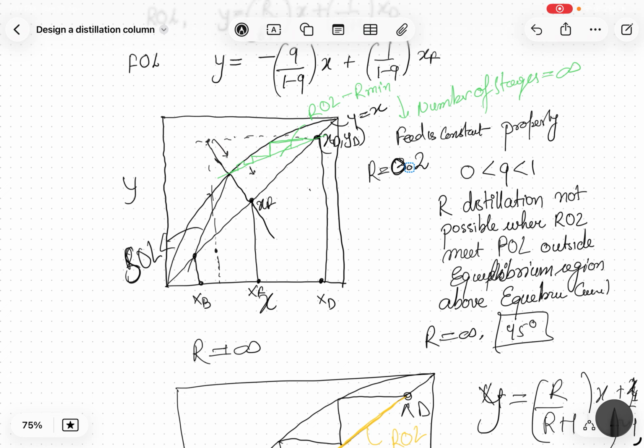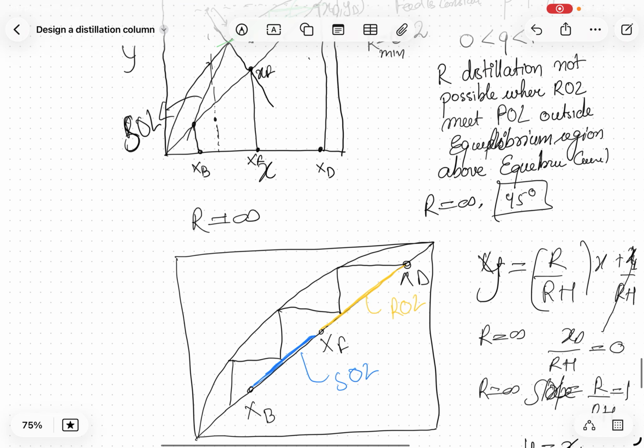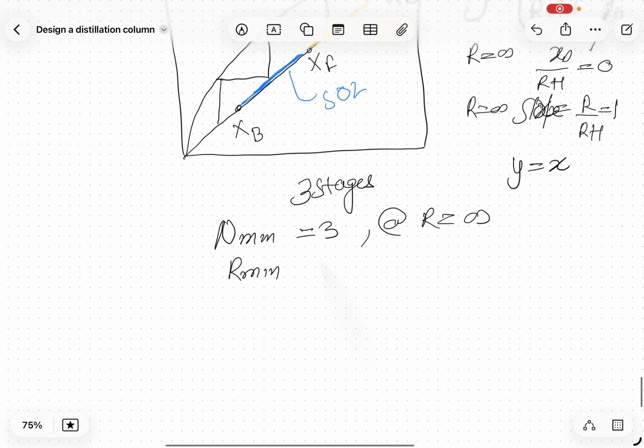The first time they touch the equilibrium curve, coming from above, that R I name R minimum, and for me it is 0.2. That can be calculated if you have the real case scenario.